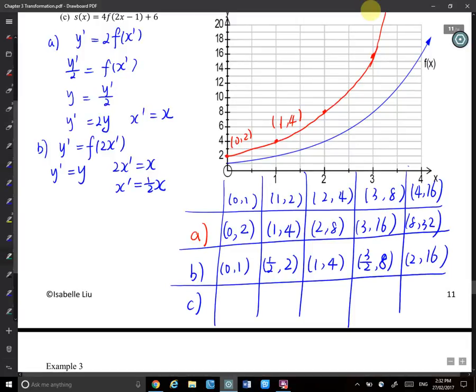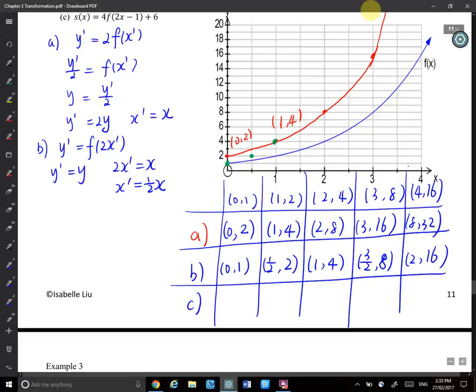So we have 0, 1, a half and 2, 1 and 4. A half and 2, 1 and 4.